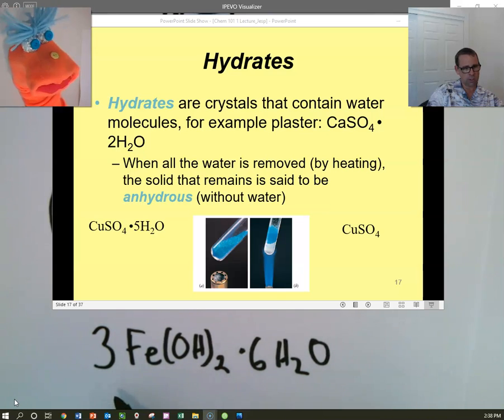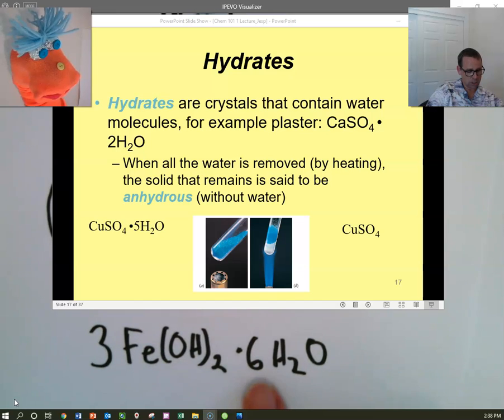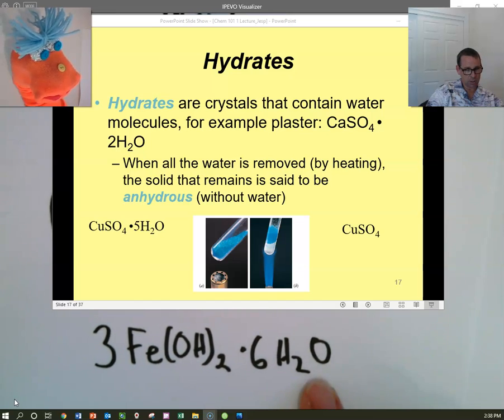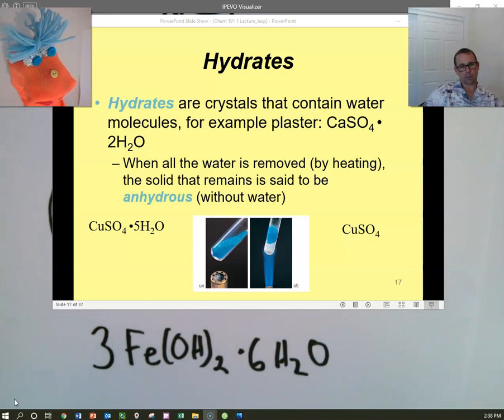And if there's 3, 8 times 3 is 24. 24 oxygen atoms for the 3 units of iron hydroxide hexahydrate. That's right. 24 oxygen atoms, right? Again, because there's 2 here, plus the 6 from here, so that's 8, and then 8 times the 3 is 24.